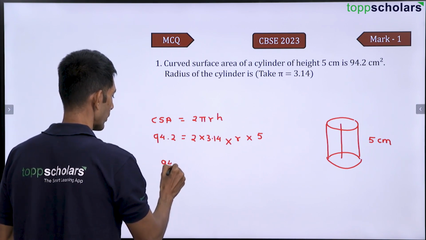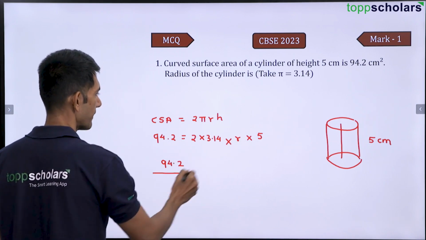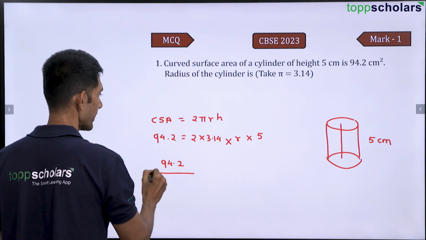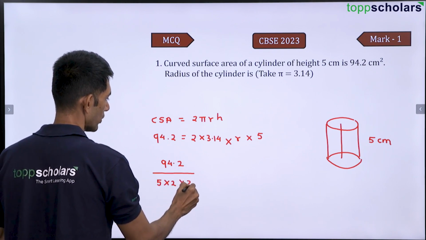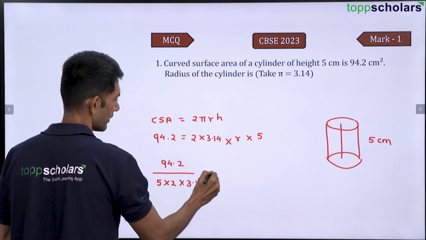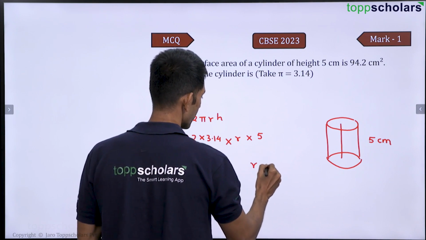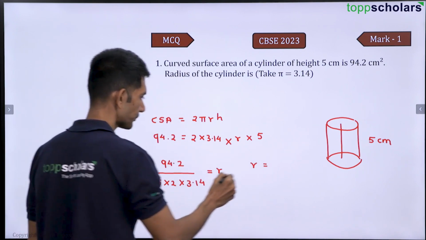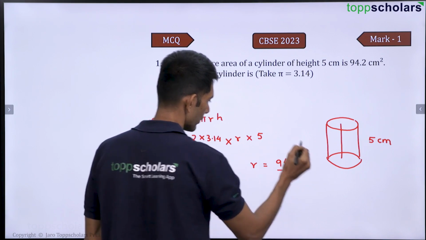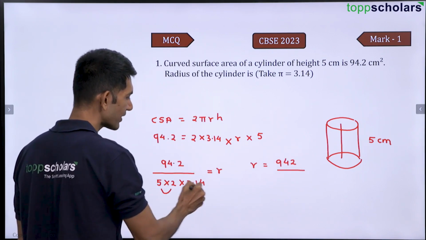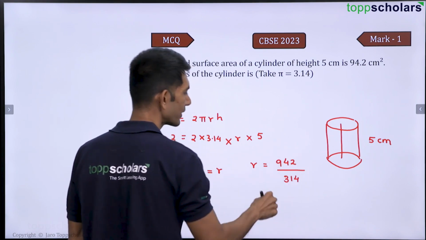So 94.2 divided by, this becomes 5 into 2 into 3.14 is equal to R. So if I just remove the decimals, I get R is equal to 942 by 5 to the 10, and then this becomes 314 after removing the decimal.